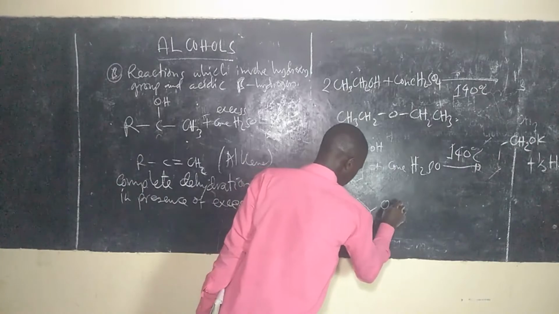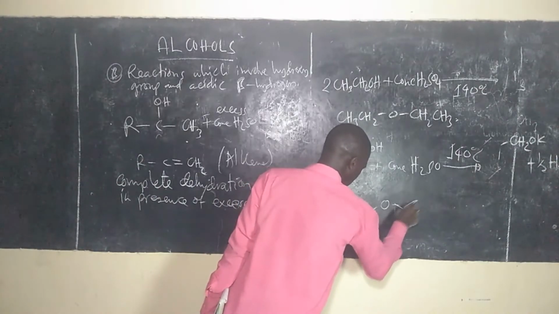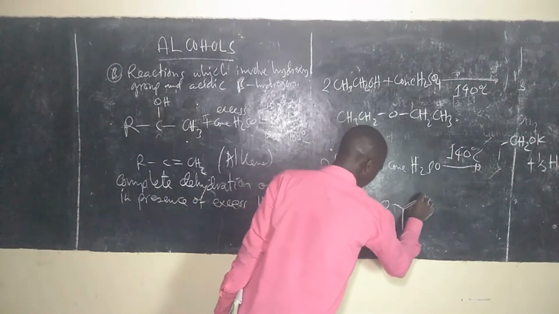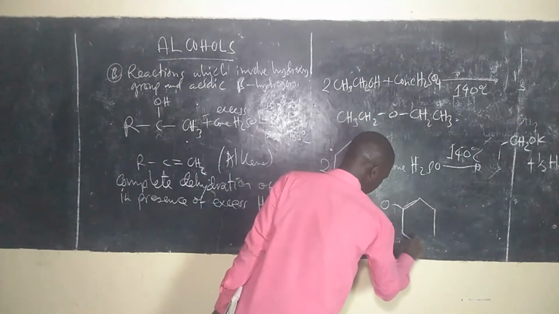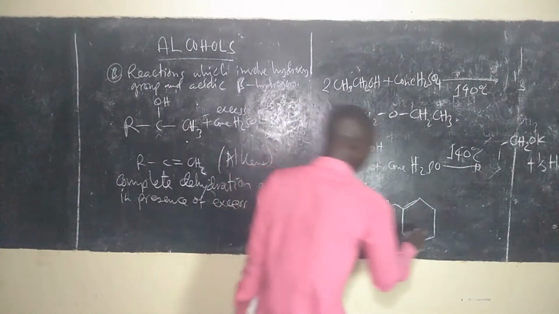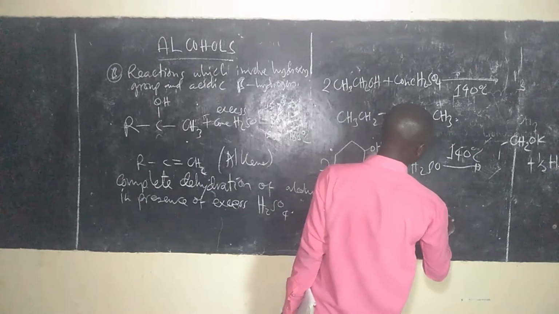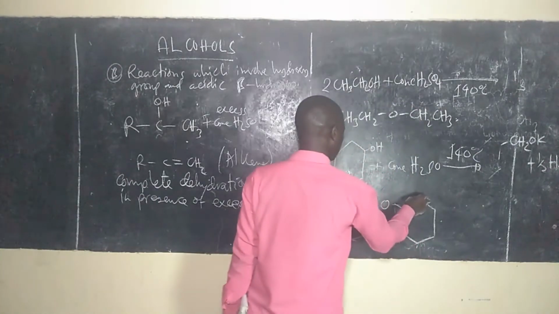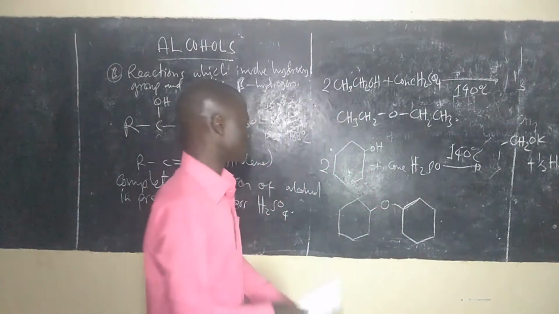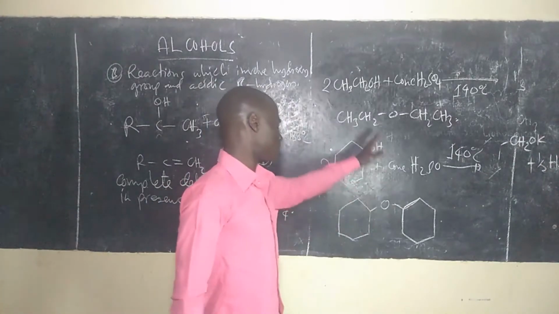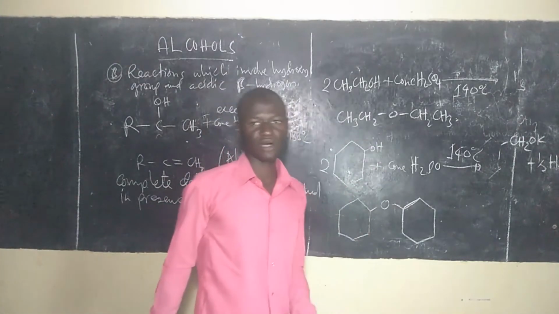Then hapa tutakuwa na compound kama huyo hapa. Is our product of reaction. So this is the product of our reaction.